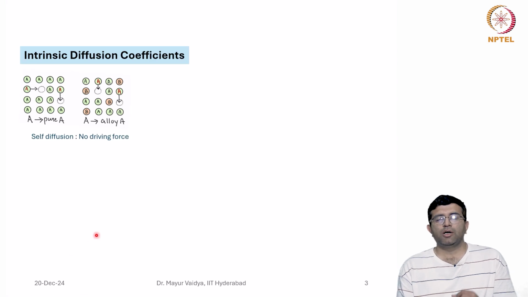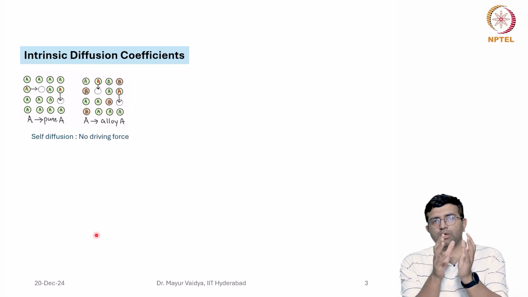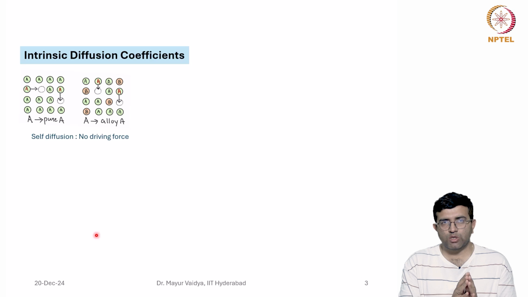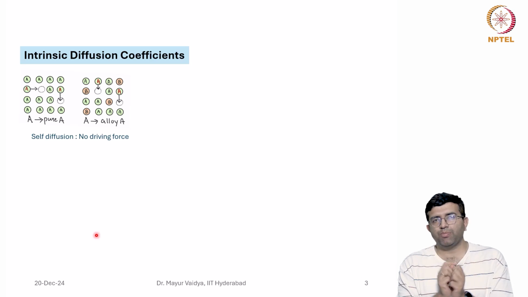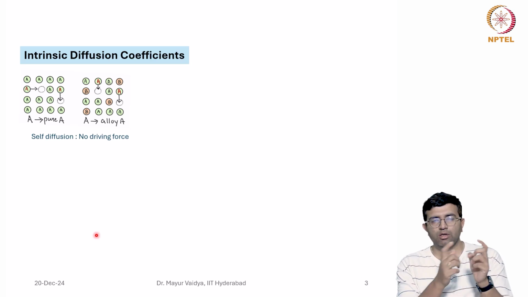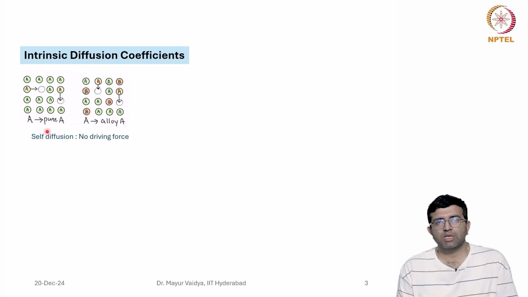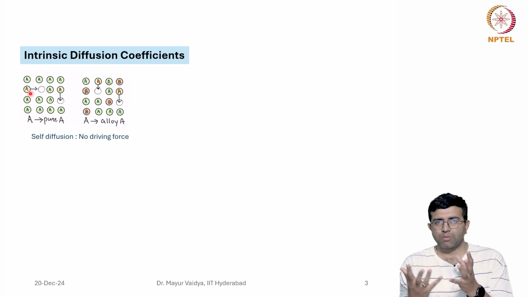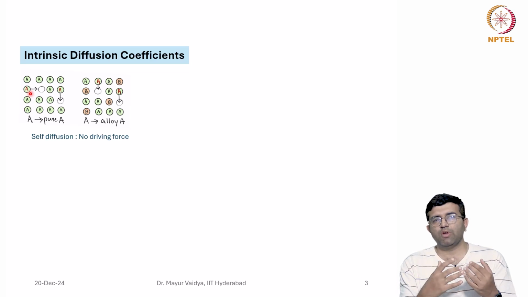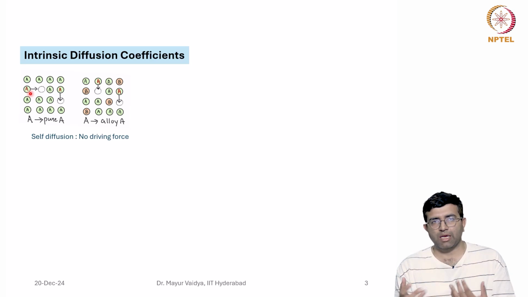So, before I go to define this word intrinsic diffusion coefficients, let us just recap quickly what we have studied before. We have used the term self diffusion. What is self diffusion? That is the diffusion of A into its own lattice. Okay. We are right now only talking about substitutional diffusion, or the diffusion through the vacancy mechanism.